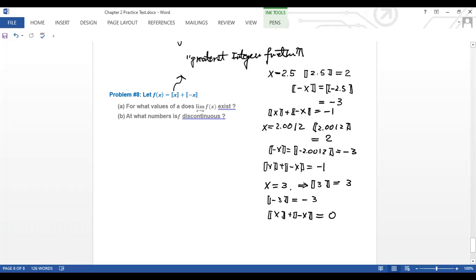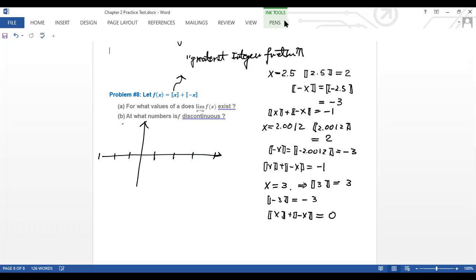So I know that all the numbers are going to add up to -1, except the whole numbers. So I know what my function is going to look like. Looks like this is 1, 2, 3, 4, 1, 2, 3.